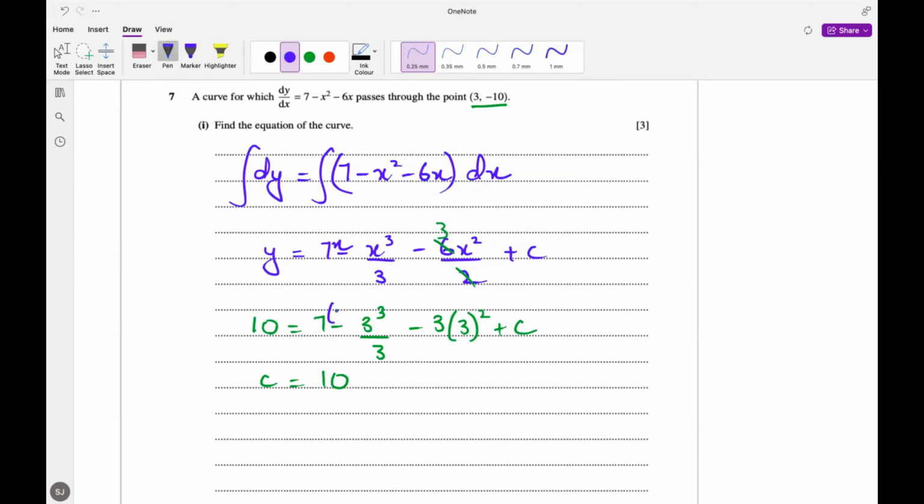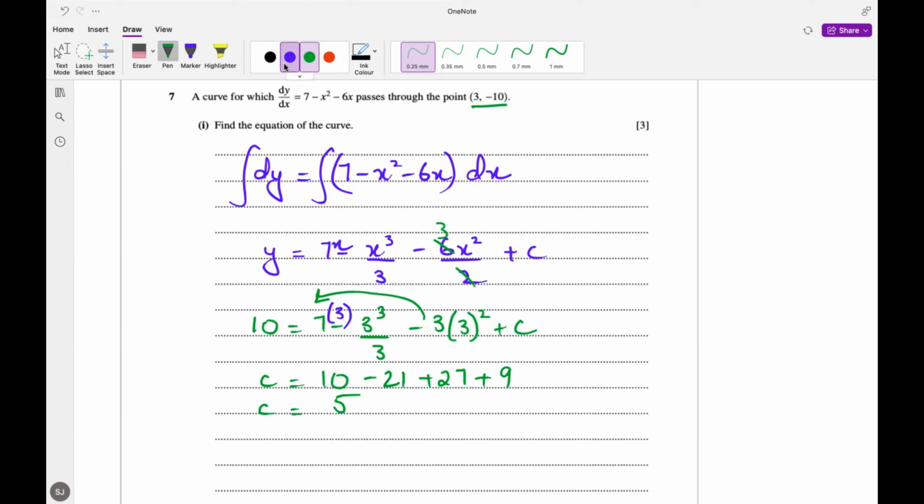So this should be 7 times 3. So this will be minus 10 minus 21 plus 27. So this will go over there and become a plus 27, and this 3 cube upon 3 is 9. So this will become a minus 9. So the value of c will be positive 5.